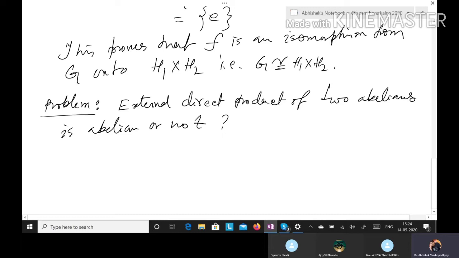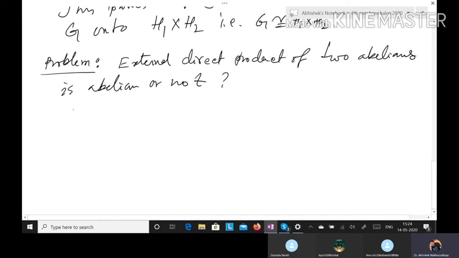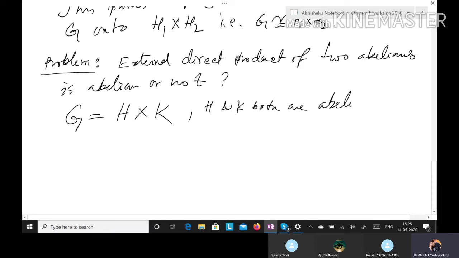Now the answer is yes for that case, because if we consider a group G which is an external direct product of two groups H and K, where H and K both are abelian groups, then if we want to show that G is abelian, let us consider two elements.